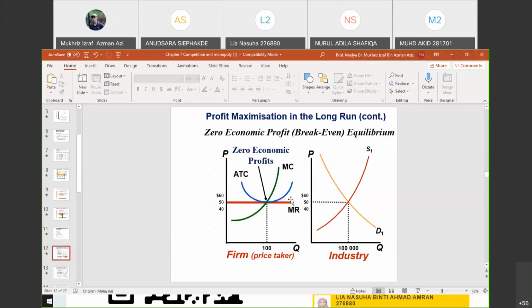But in the long run, those who are able to survive in the market can only earn zero profit, meaning that in the long run, if you want to operate or sell in the market, you are only expected to earn zero profit. Zero profit means revenue equal to cost.